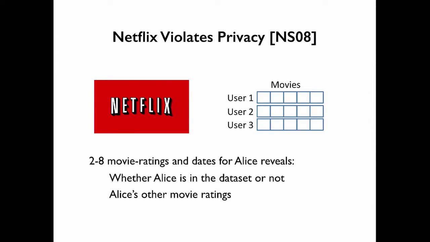And if she was in the data set, you could figure out her other movie ratings that she might not have revealed to you. And it's not a lot of extra information. For example, if you read somebody's blog, maybe they have blogged about a few movies that they like. This is quite reasonable information for people to know. It's not a great deal of extra information.